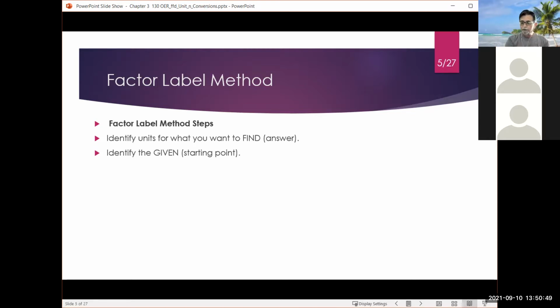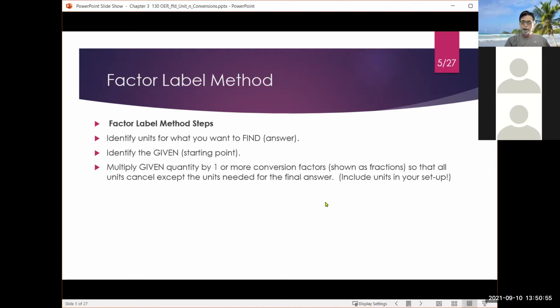Identify what you're given from the problem: what is the data you've got to start off with? And then, given that, identify the conversion factors that you need to get from point A to point B, and set them up properly such that they cancel out the units that you're given to get to the units that you need to get to.